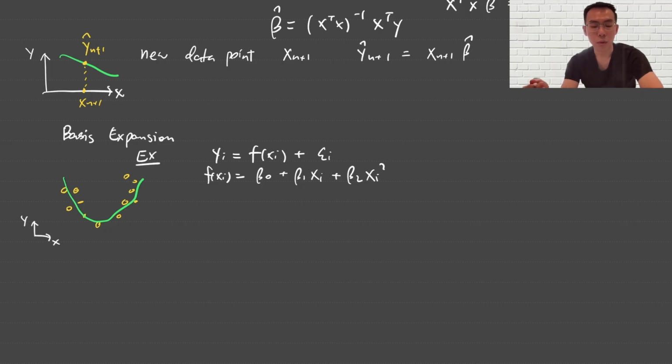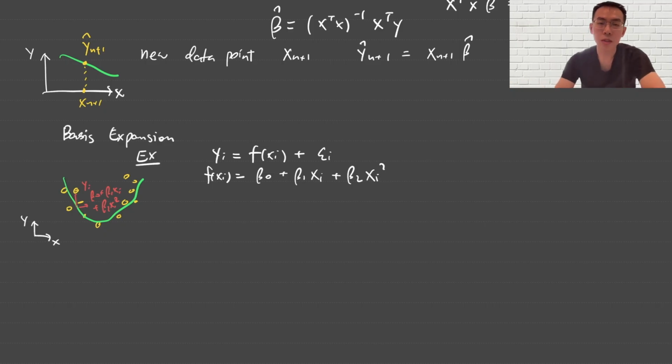So that's the problem, and how can we solve it? Well, we can just use the same framework to minimize the distance from each point yi to its corresponding point on the curve, which is given by beta 0 plus beta 1 xi plus beta 2 xi squared.